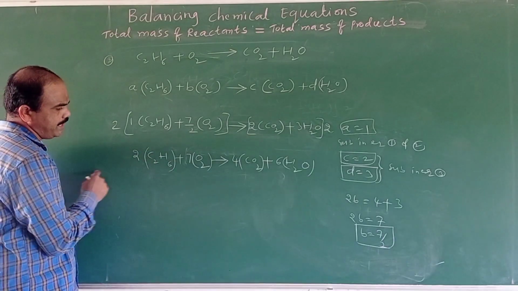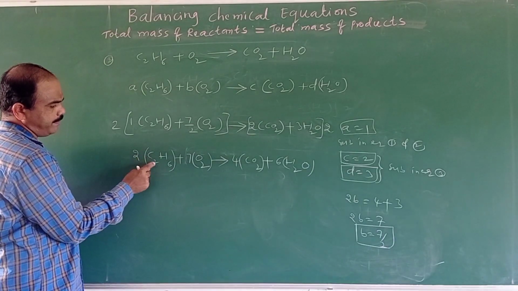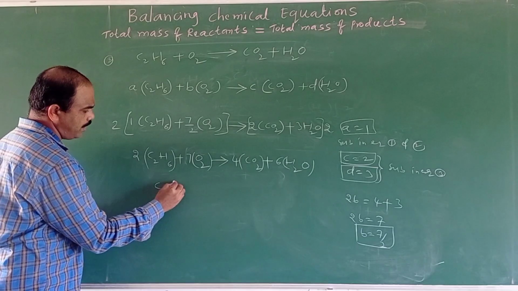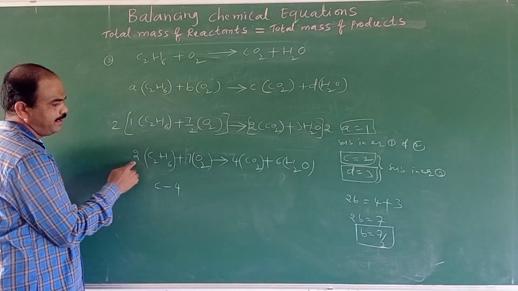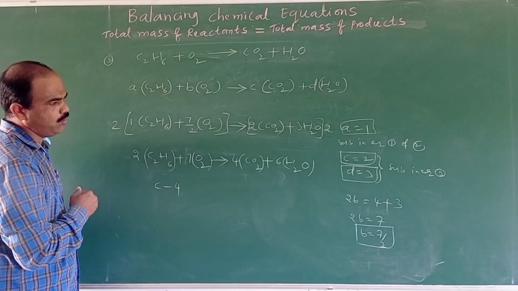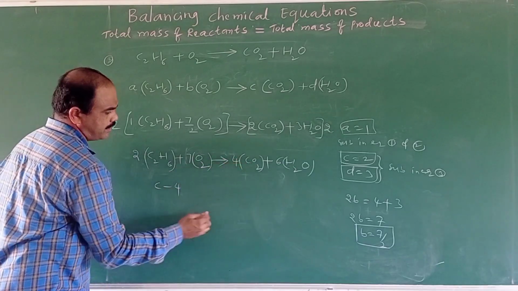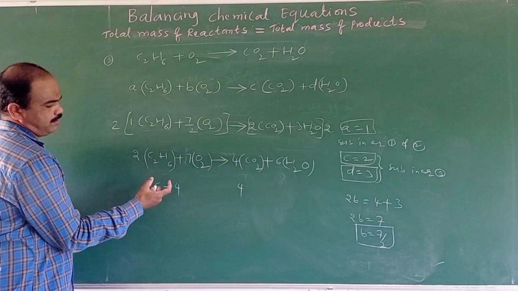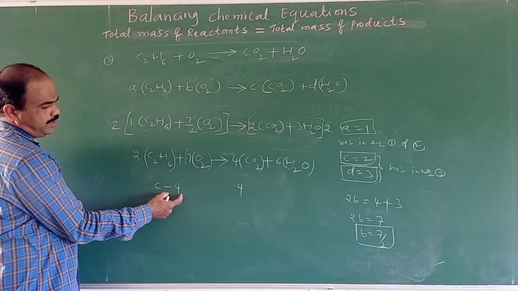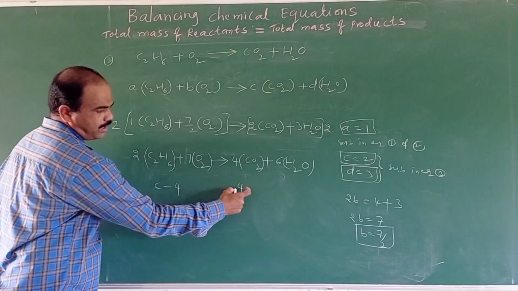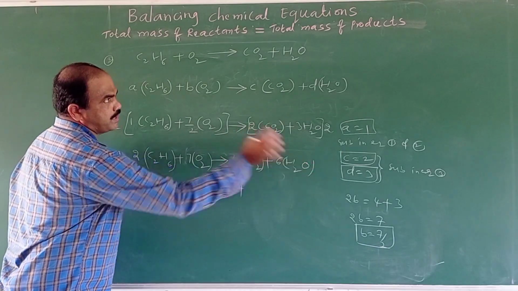On the left hand side, how many carbon atoms are participated? 4 carbon atoms are participated on the reactant side. And how many carbon atoms come in the product side? This is 4 into C, again 4. So 4 carbon atoms are participated and 4 carbon atoms are produced in the products.